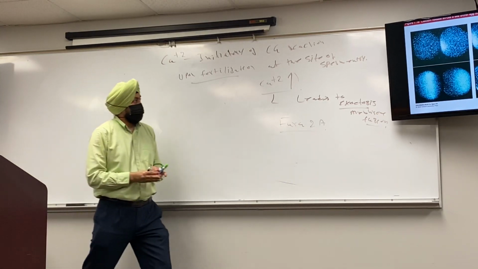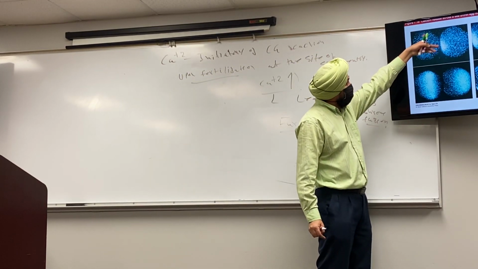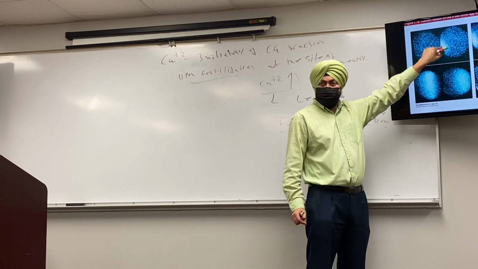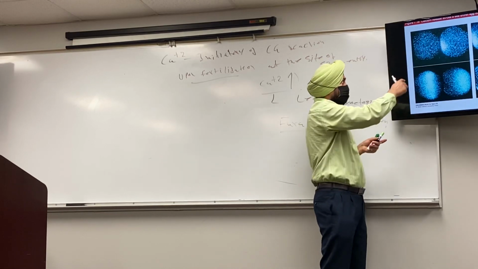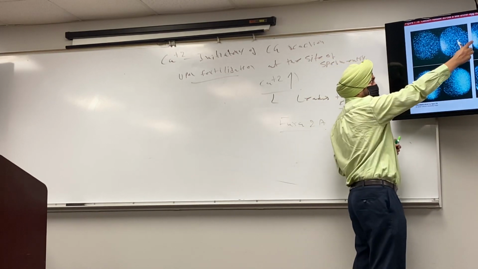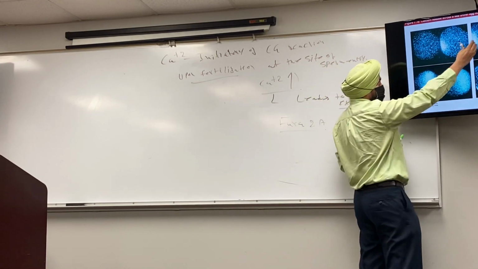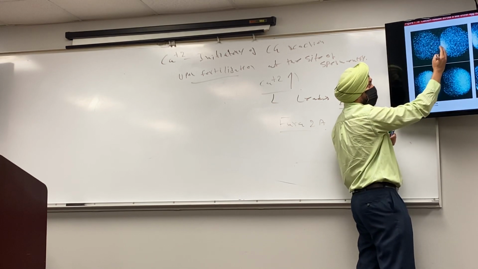So this is the egg. This is the point of entry of the sperm. Right at this point you can see high fluorescence. This is the other egg, a little later, where the sperm enters and you can see it fluorescing. As time goes on, you can see this increasing calcium start here.